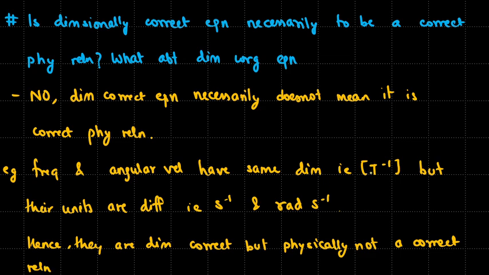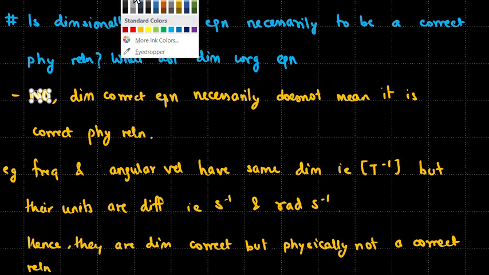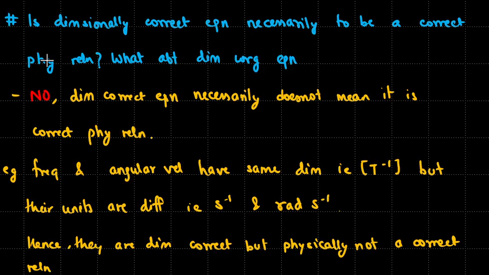Since this was applicable for even the simplest terms, it will also be applicable for equations. So if we're talking about equations, they may be dimensionally correct, but may not be physically correct. So let's put a big no.